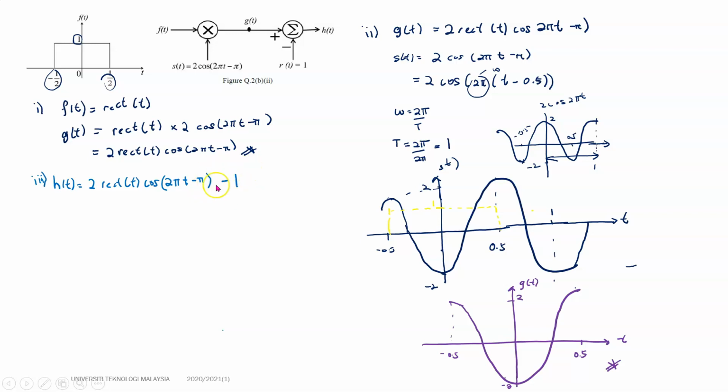When we put minus 1 here, it doesn't involve any time shifting. It only involves amplitude shifting. So the operations involved for the whole equation: you can see that there is a multiplication of the signal between these two, rectangle t and also cosine. So this is a multiplication of signal.